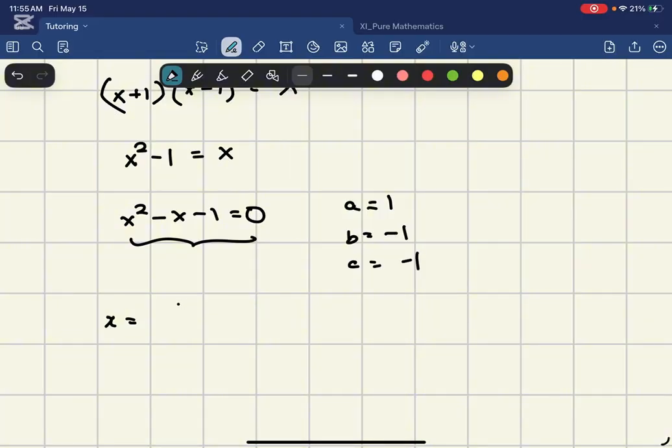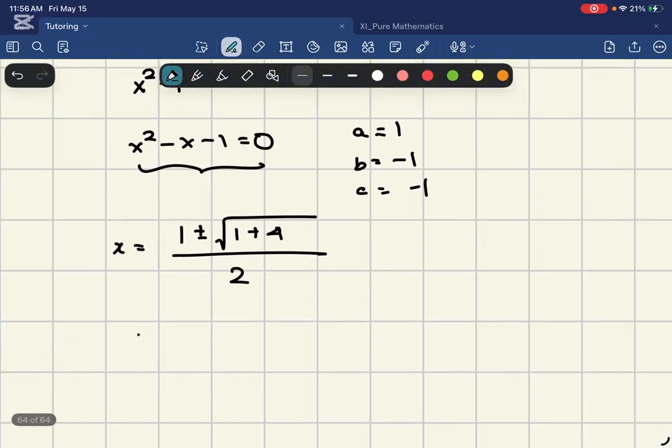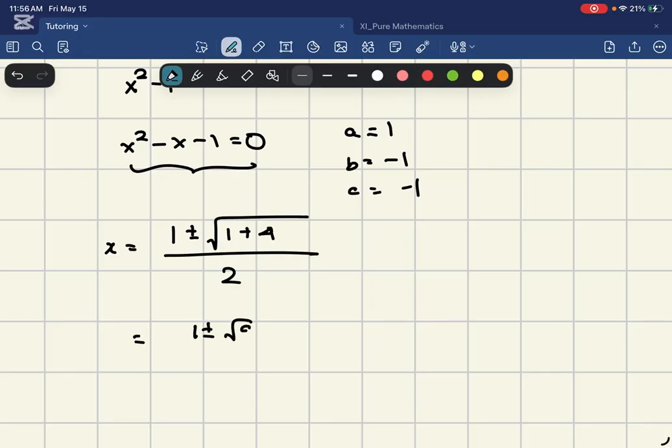The quadratic formula is minus b, which is 1, plus or minus the square root of b squared, which is 1, minus 4 times a, which is 1, times c, which is negative 1. So if you think about it, I have 1 minus of minus 4. That's going to give me 1 plus 4 over 2a, which is 2. 1 plus or minus square root 5 over 2.